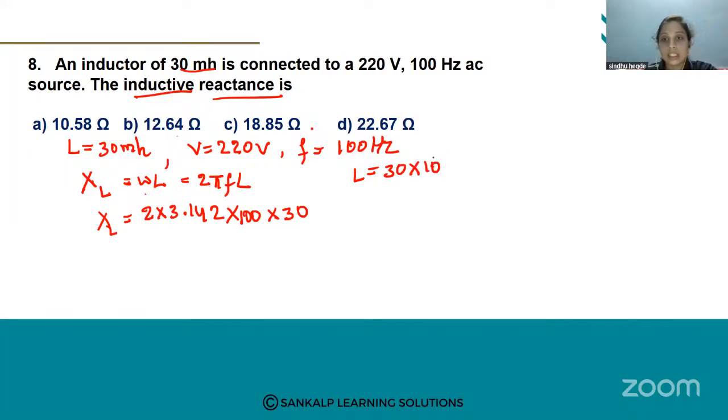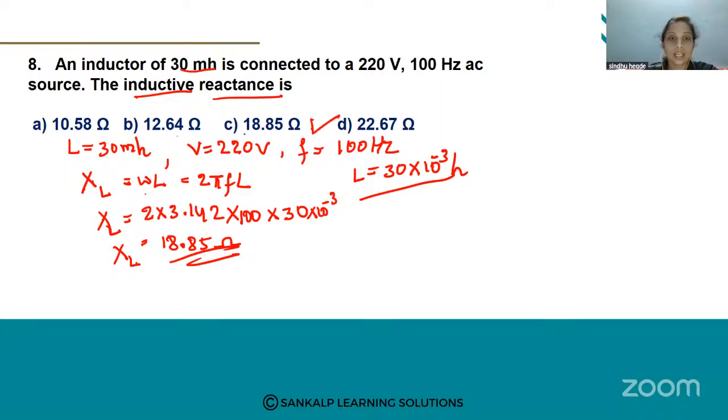We know that milli is nothing but 10 raised to minus 3, so millihenry is 10 raised to minus 3 Henry. Substitute here. It is into 10 raised to minus 3. Okay. Next, calculate all this. What do you get? XL is equal to 18.85 ohm. That is the answer. So which option is correct? The third option, 18.85, is correct. Okay.